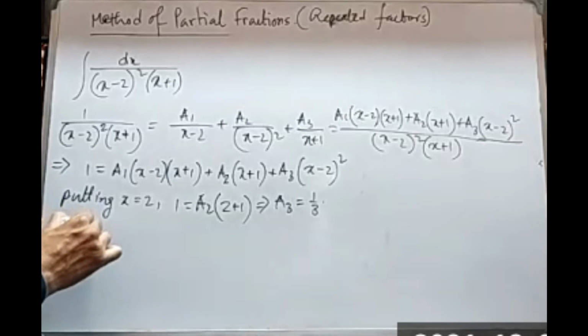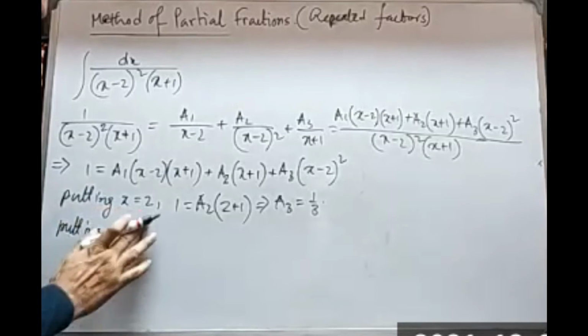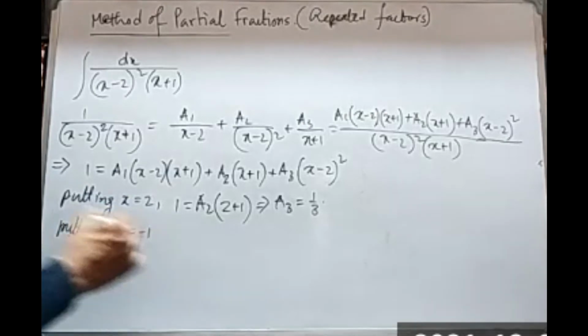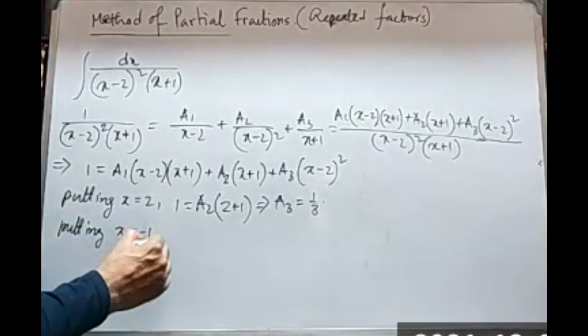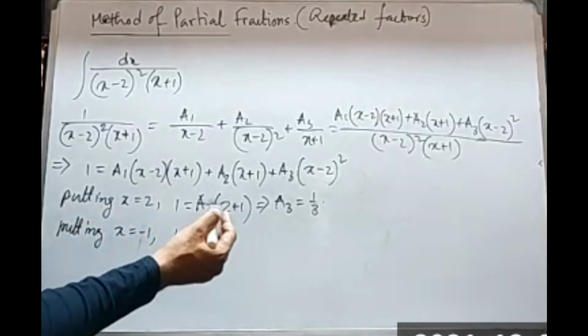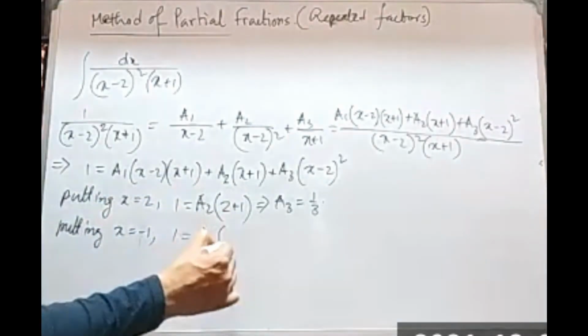Putting x equals 1. Sorry, the factor is x plus 1. So if we make it 0, we are getting x equals minus 1. So we need to put x equal to minus 1 here. And we can say 1 is equal to, this 2 will vanish and we are getting the value of A3.